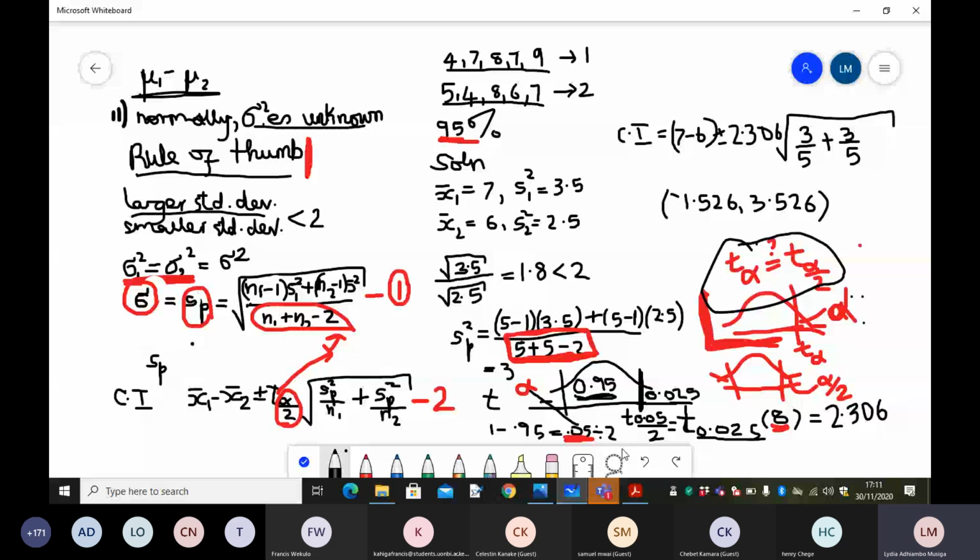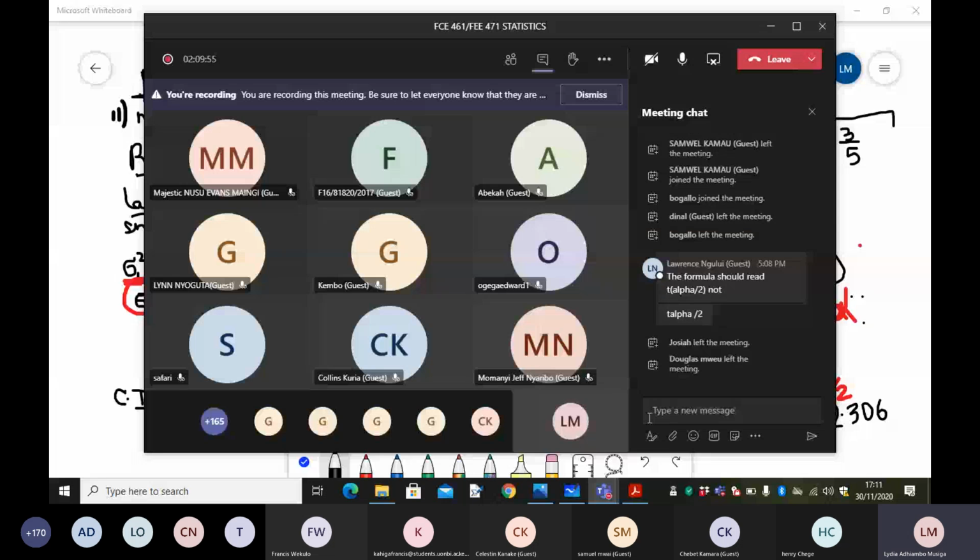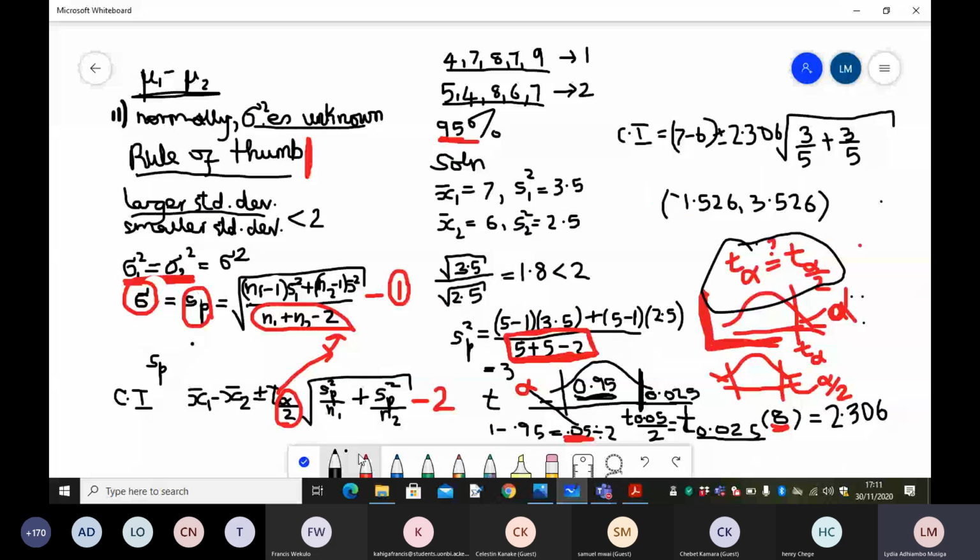Let me check on the comment again. The formula should read T alpha over 2, not T. Yes, the first statement is correct, Lawrence. What we should have, if I could write in red at the top left, is T alpha over 2.